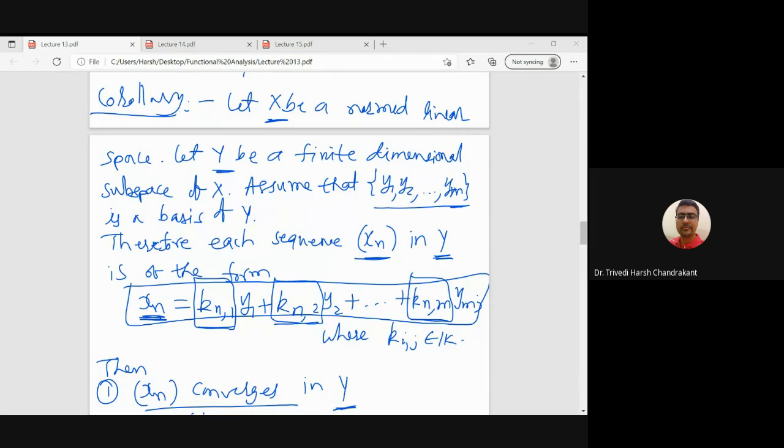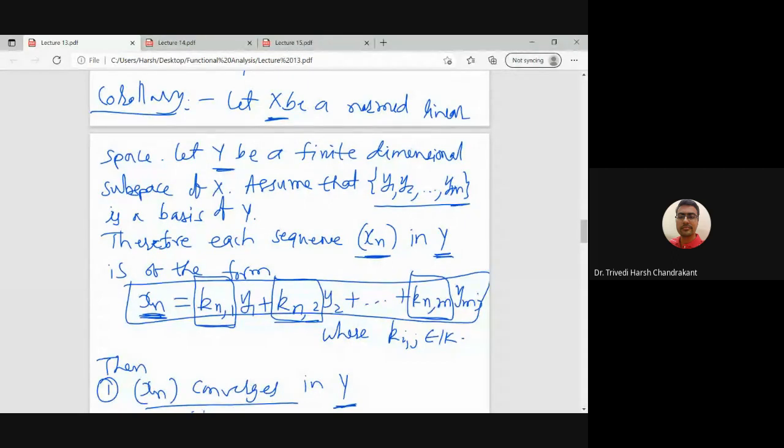Okay, so in the previous lecture, we discussed some results regarding the subspace when the subspace is closed or complete. Whenever we have a normed linear space and we consider its finite dimensional subspace, then that is always complete.